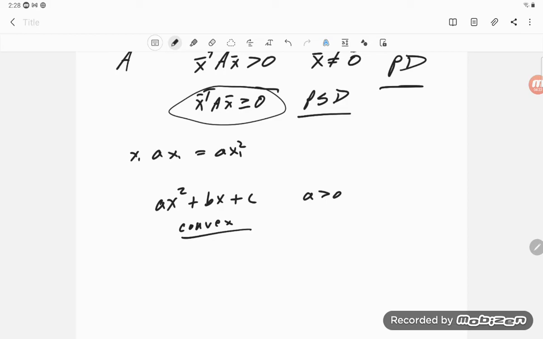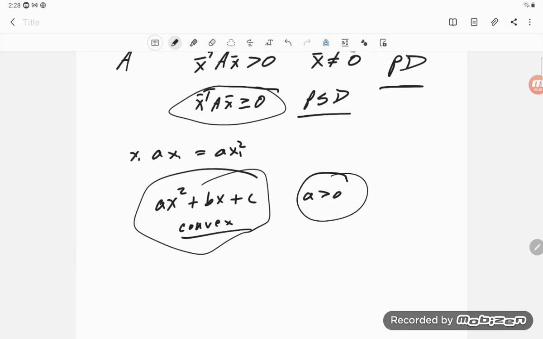But to talk about this as positive semi-definite, or positive definite, makes no sense whatsoever, because positive definite and positive semi-definite are about A. And since A is greater than 0, what I can tell you is A is positive definite.